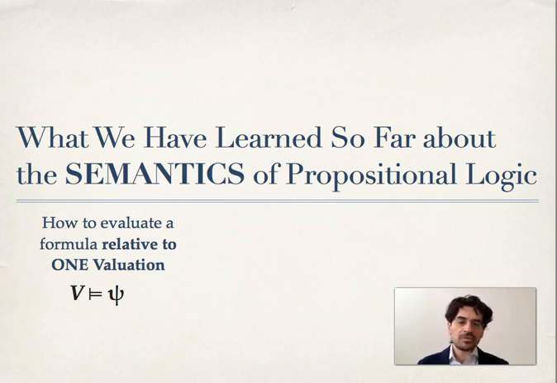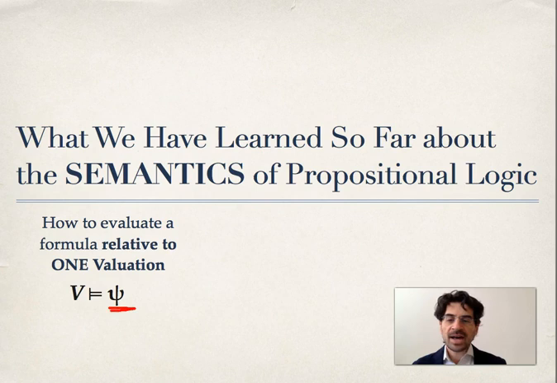What we have done so far is to discuss how we can evaluate the truth of a formula relative to a single valuation. So we have a formula phi of any arbitrary complexity and a single valuation v.